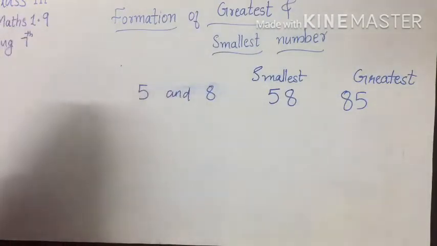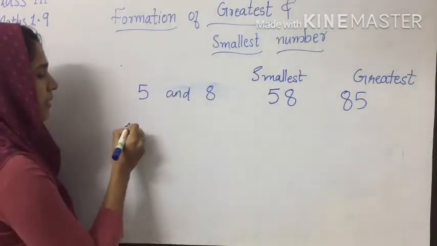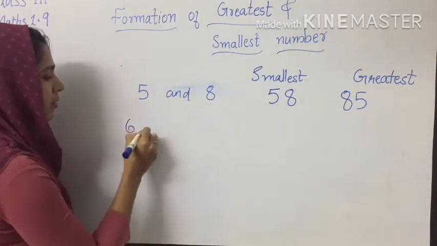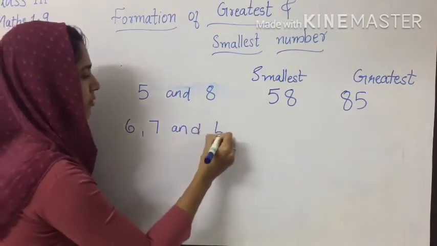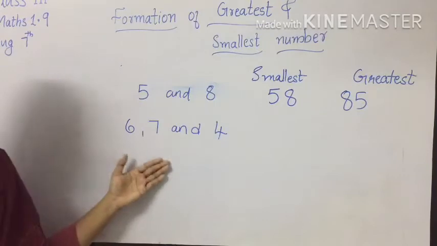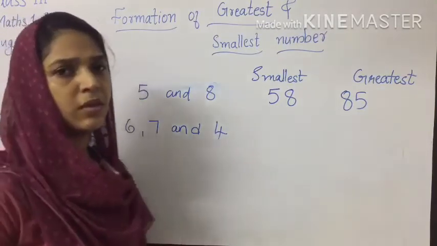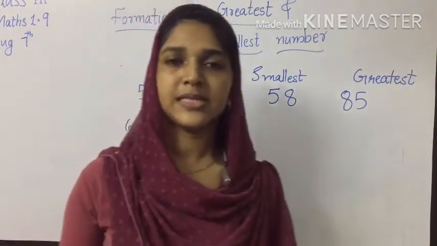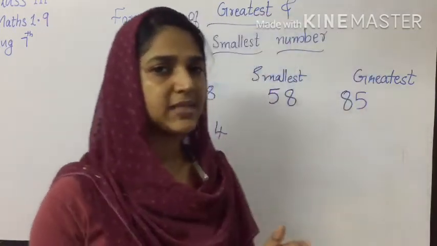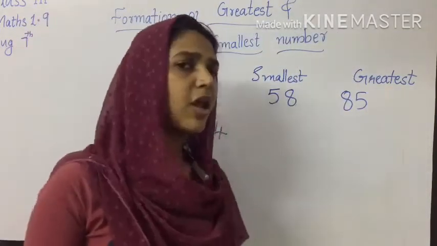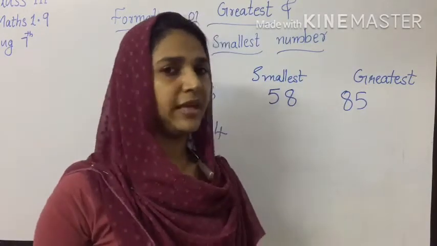Now I am going to give you three digits, 6, 7 and 4. You have to just form the greatest number as well as the smallest number. Now it will be a little difficult, right?